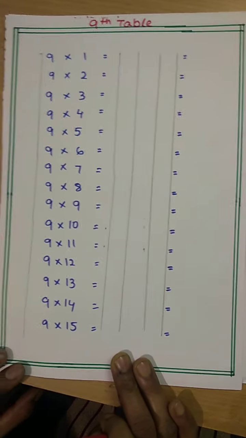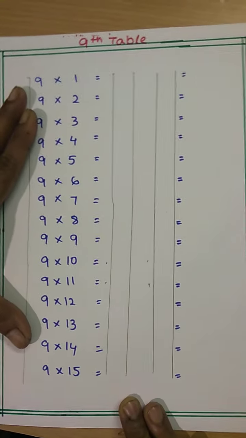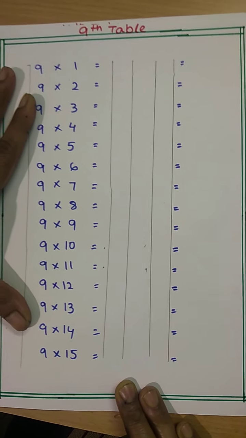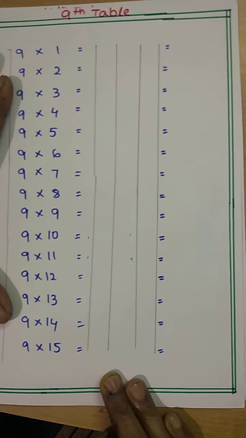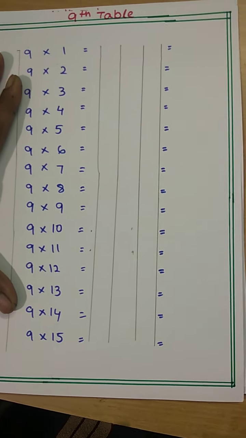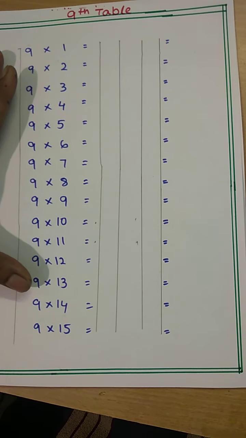Okay, first we need to write the numbers in ascending order. Ascending order means, as everyone knows, from 0 up to 15. Descending order means 15 down to 0.